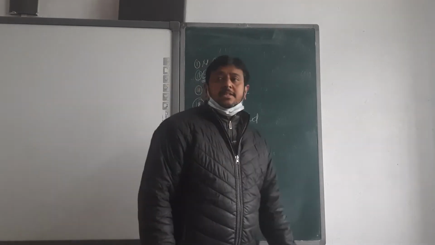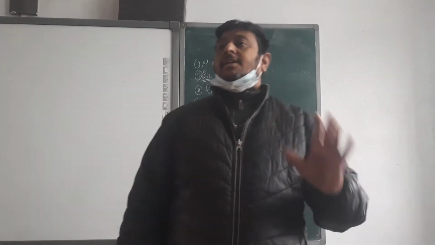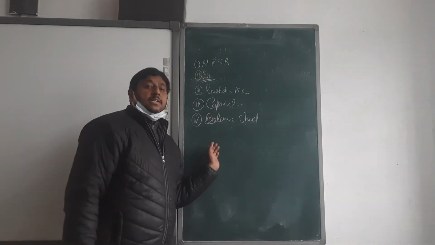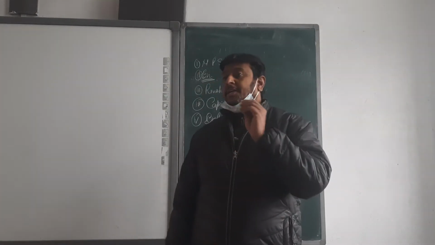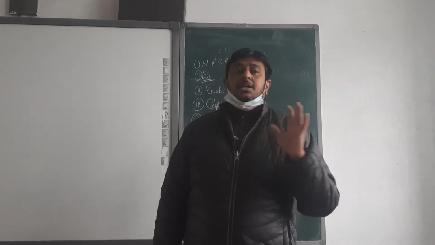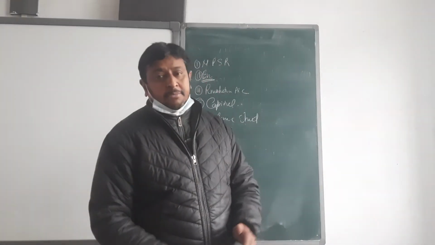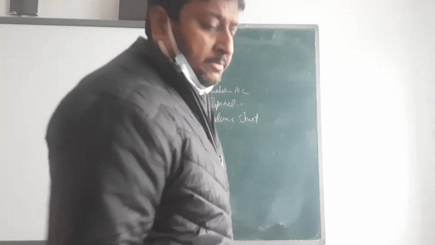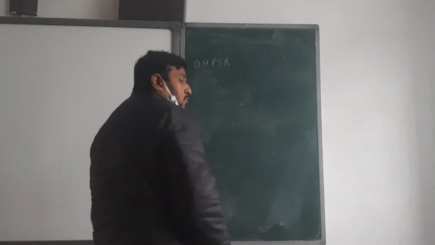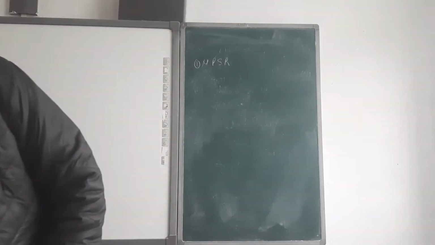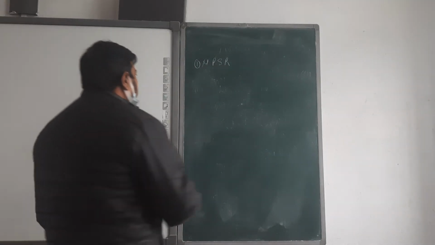Any partner coming into business surely takes some ratio of profit, so we calculate the new profit sharing ratio. I am going with the first step, very short. First step is the new profit sharing ratio, and how do we calculate it?